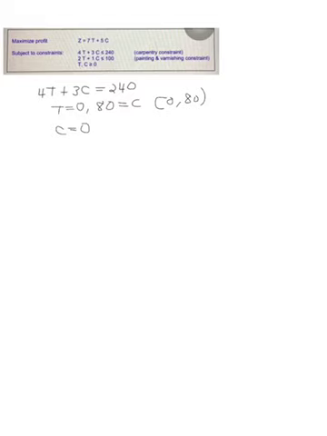Just now t was 0, so now we put c equals 0 and find the value of t. When c is 0, t will be 240 over 4, so t equals 60. The second point is (60, 0).